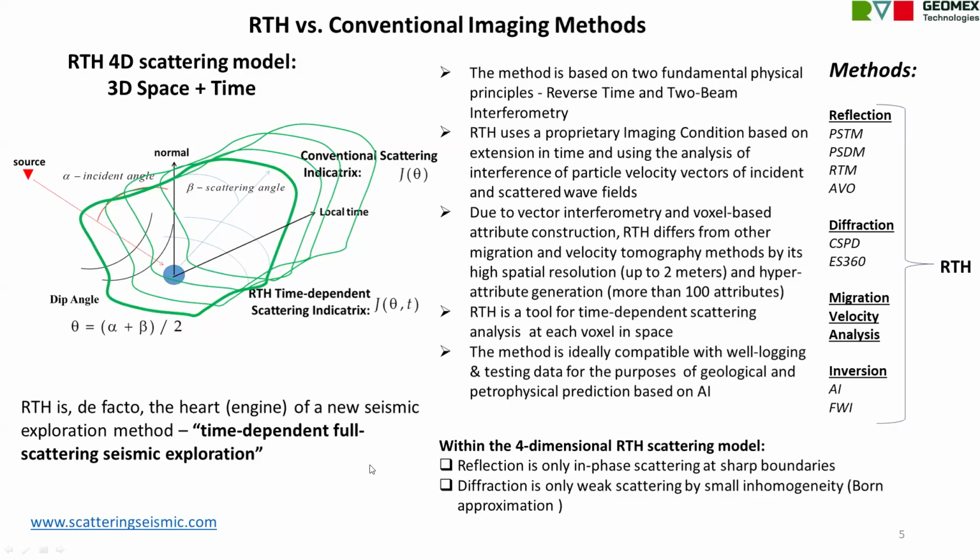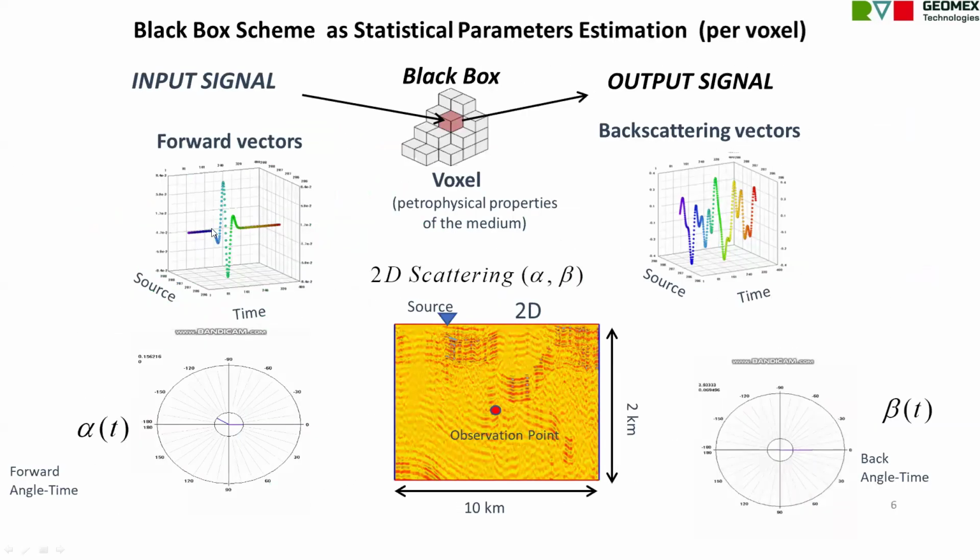This is an example of what happens, in an additional view: a black box scheme and statistical parameter estimation. Suppose we have one voxel.